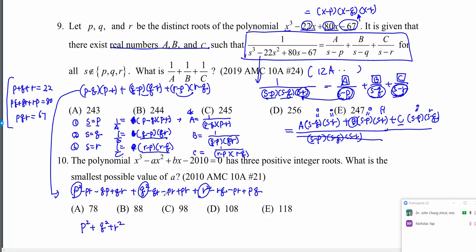PR, second one over here, right? Q times Q square, QR, PR, PQ, right? So this is minus PQ. Minus PQ and PR, that's fine, okay?